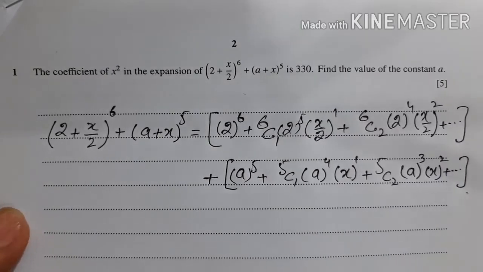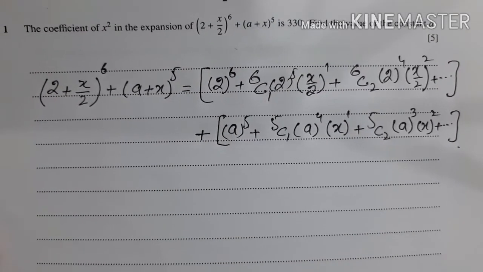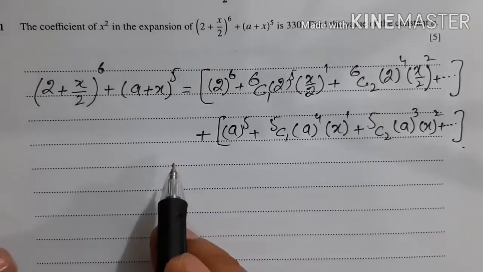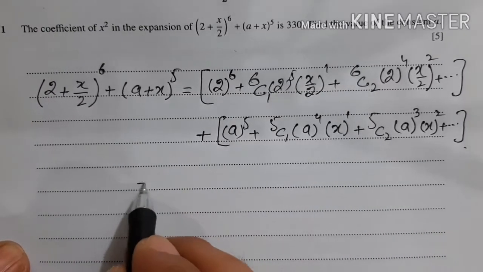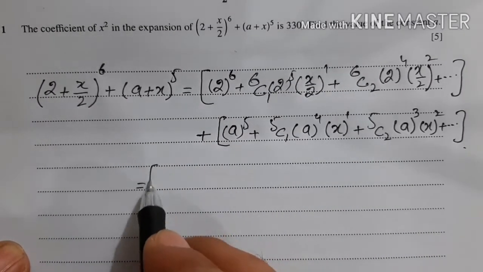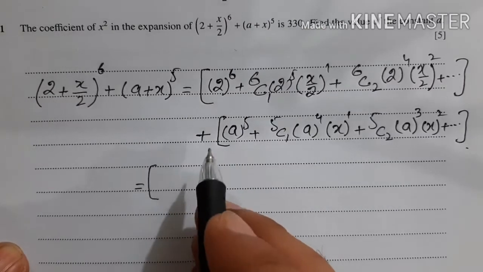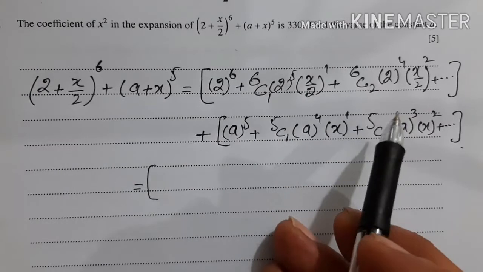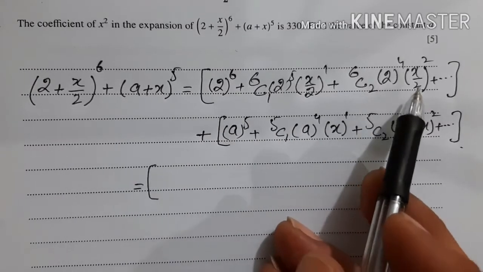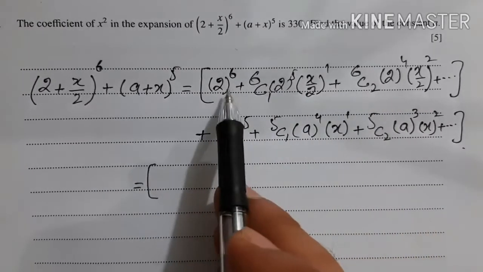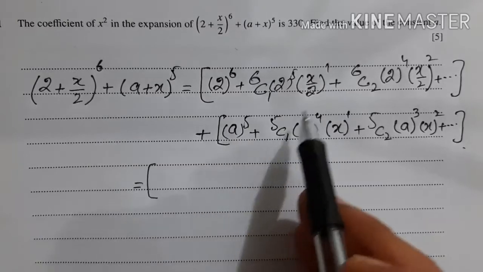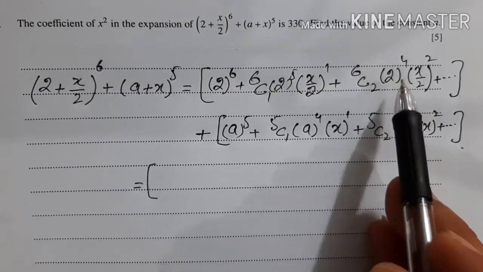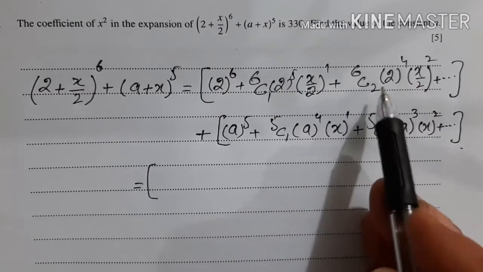We just need the term of x squared, that's why we'll not go further. Actually I need just the terms including x squared, so I'll not touch the other terms. So I'm going to select only those terms.